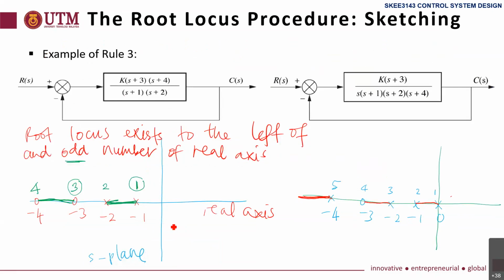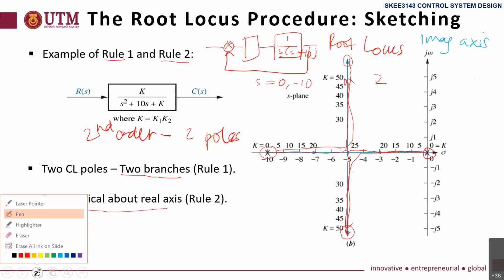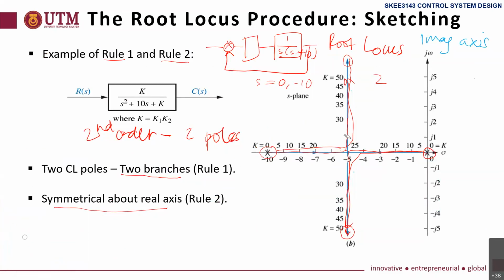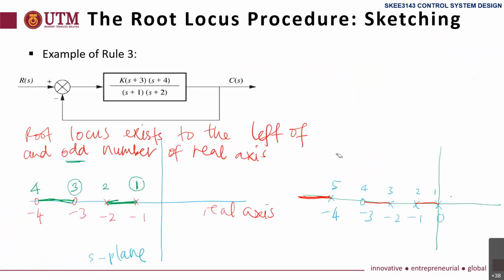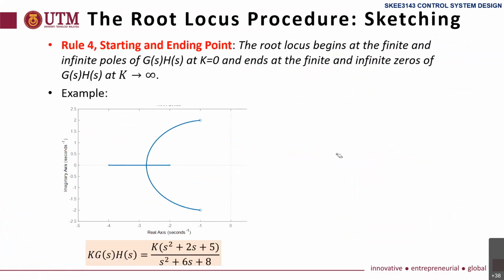Actually, this is the root locus with arrows. Rule number 4 will help us to put the arrow, to put the direction of this. This one is without direction. Rule number 4 will help us to put the direction.